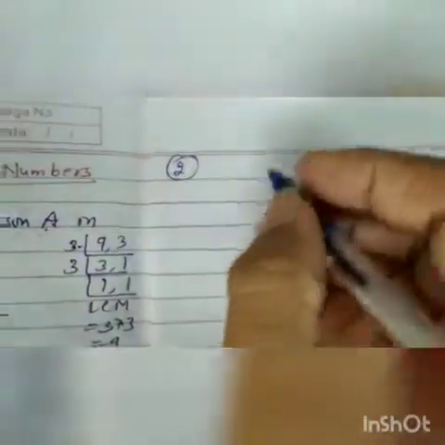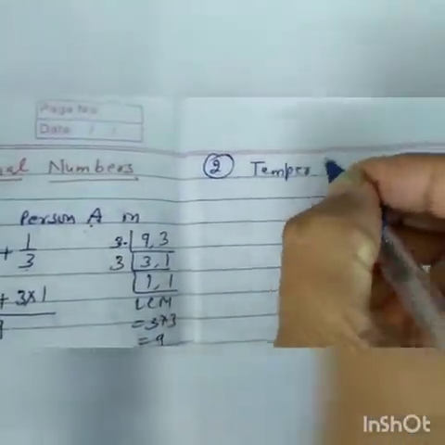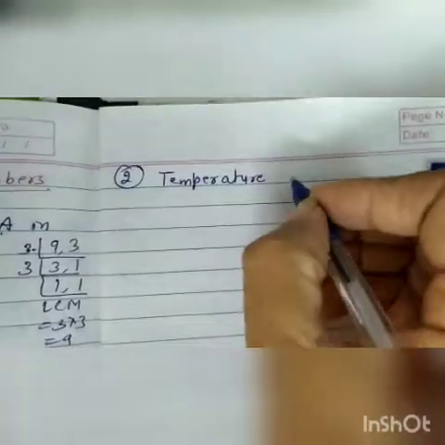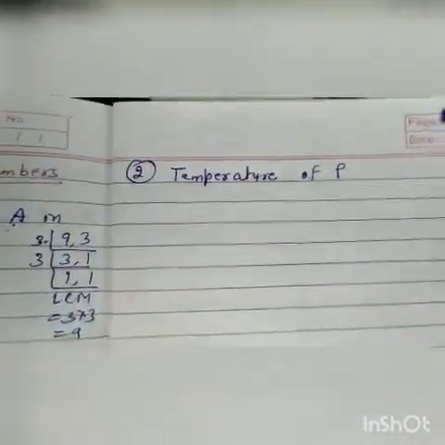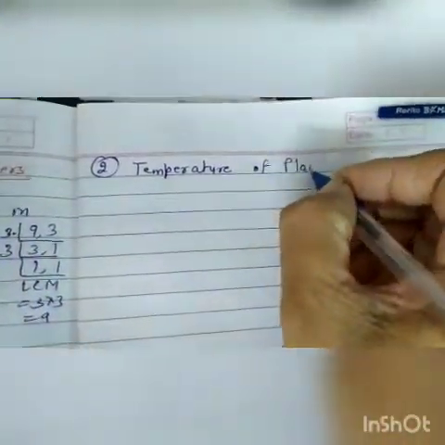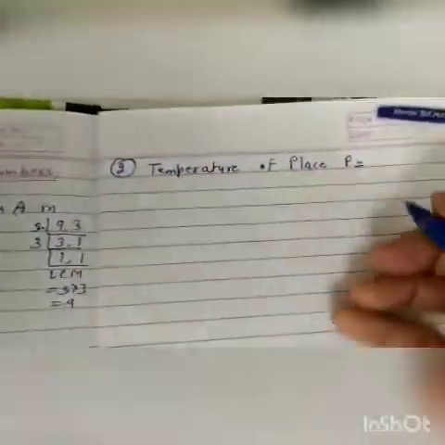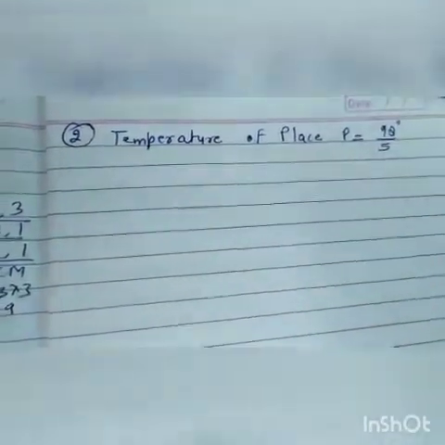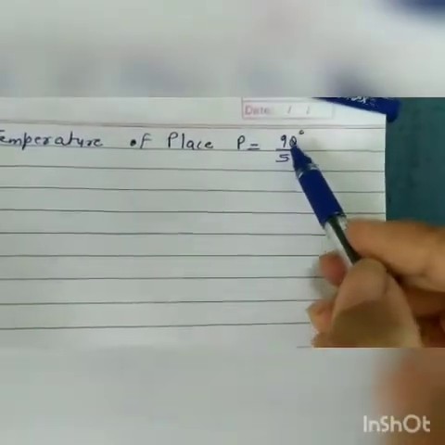See, question number 2. In question number 2, first we will write temperature of place P. It is given 98/5 degree. Students, be careful when you write this temperature.